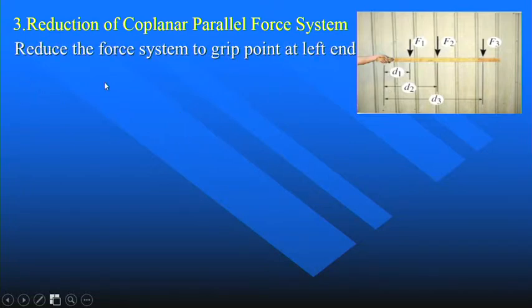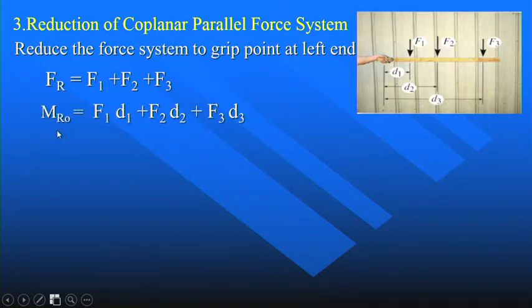The result is the resultant principal vector Fr, which is equal to F1 plus F2 plus F3, and the principal moment, which is F1 times d1 plus F2 times d2 plus F3 times d3.